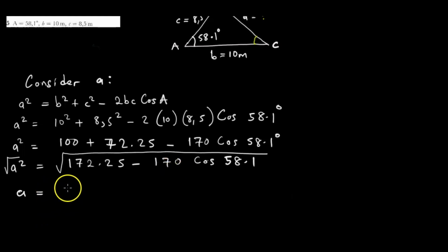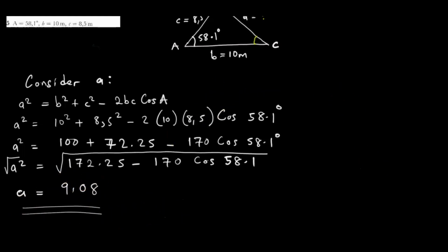Tirwana an answer of 9.078297367774. But since this is a side, we express it to three significant figures, which ends up as 9.08. That will be our answer.